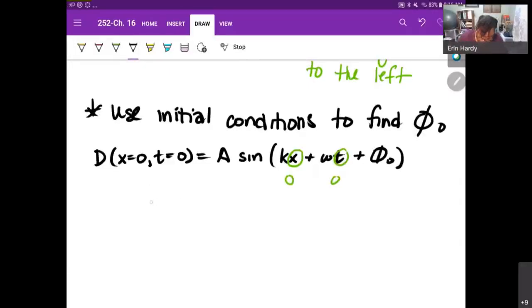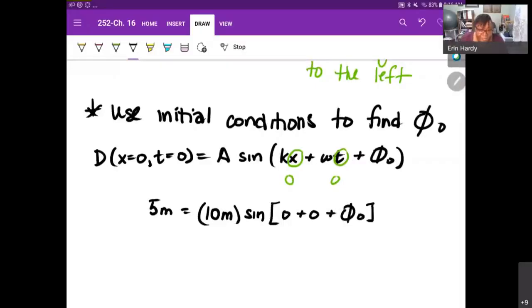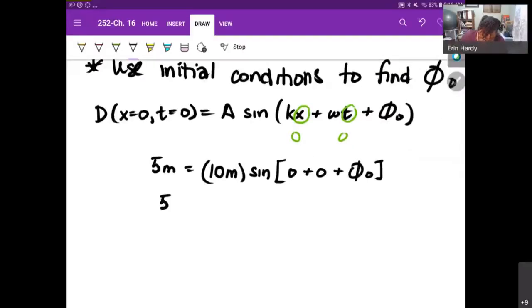So it's going to turn into this, in other words. I'm going to fill in that 5 meters on the left side of the equation. I'll fill in the amplitude. We determined earlier that that was 10 meters. And then I have, let's put some parentheses around that so that we can keep these separate, the sine of, and I'll use a square bracket here, 0 plus 0 plus phi naught. So I've got meters on each side. I'll cancel those out here.